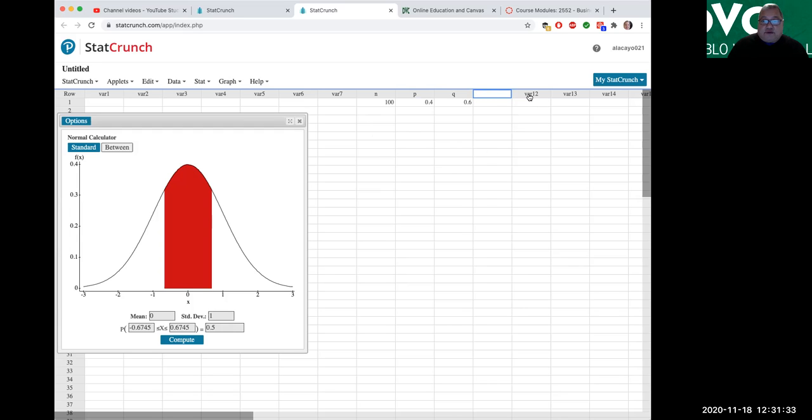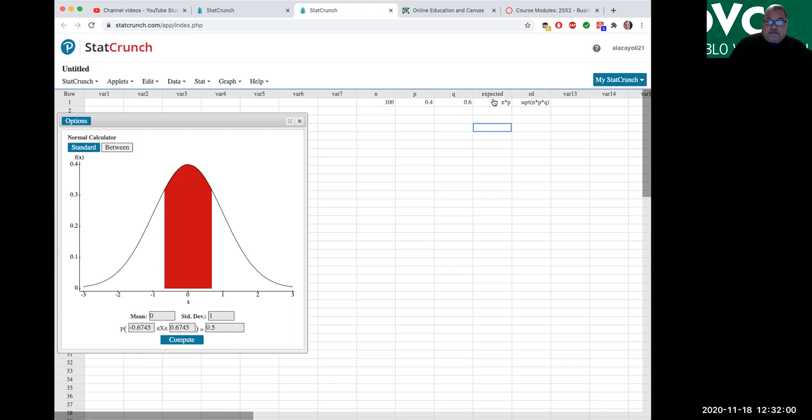And then we can measure the standard deviation of X, which is the square root of N times P times Q. Those formulas came from Chapter 6, where we studied the binomial model.